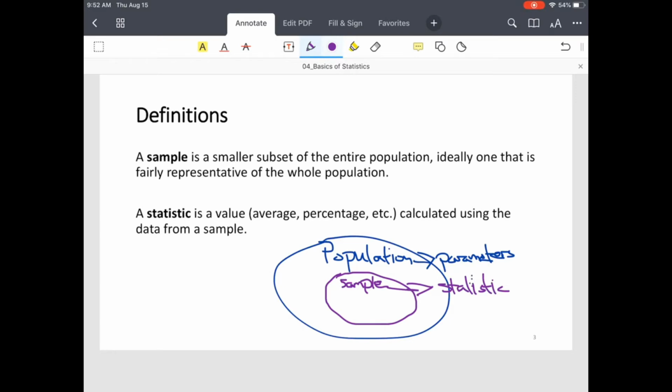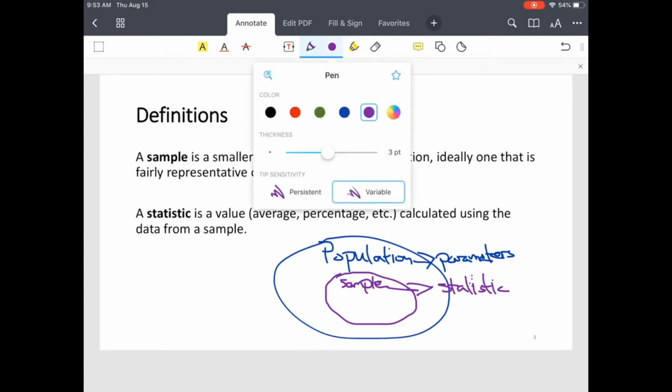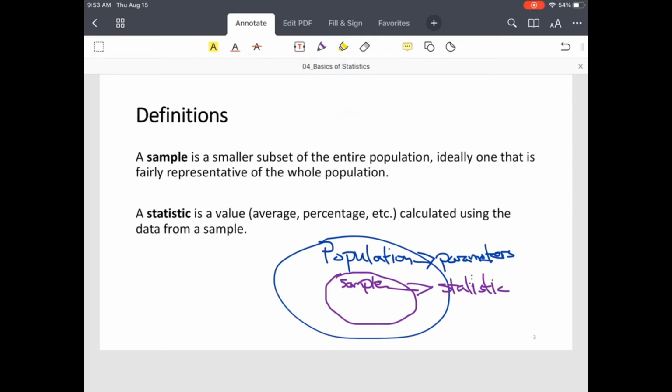Population is your big group, sample is your smaller group, a parameter applies to the population, a statistic applies to the sample. As you go along in your statistics classes, you'll have what's called inferential statistics, which simply means if you sample correctly, you can make inferences about your population based upon your sample. But that's for a course beyond this one. For our purposes, just remember population is your larger group, sample is your smaller group.